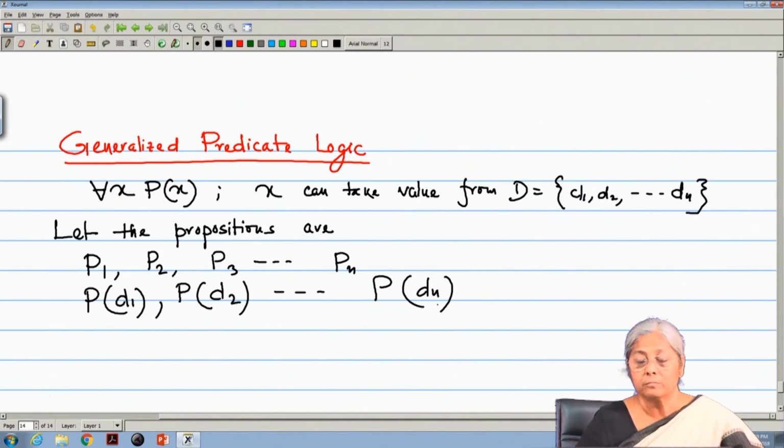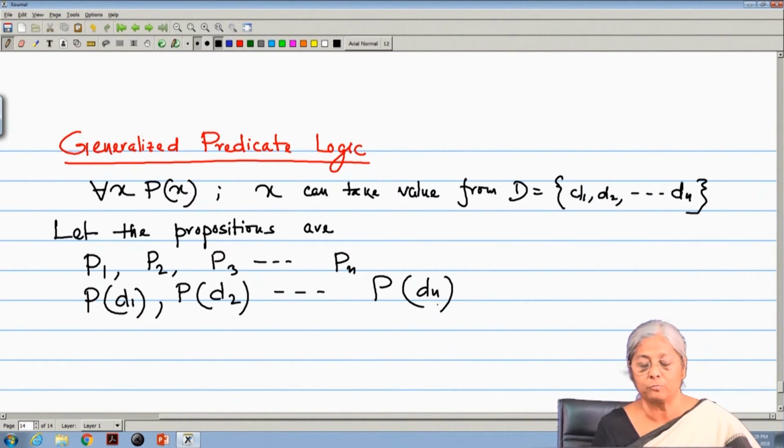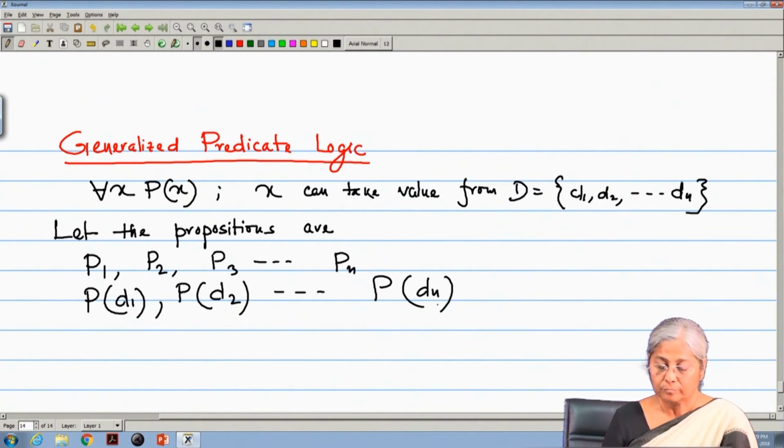That means, when x takes value D1 from D, P(D1), which is P1, can be either true or false, that is a proposition, and similarly for Pn.